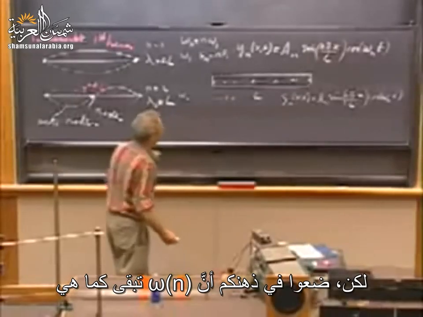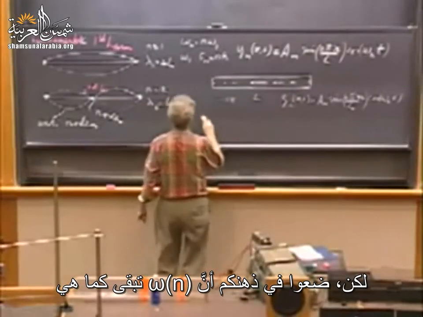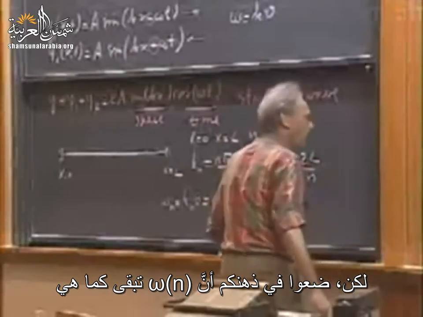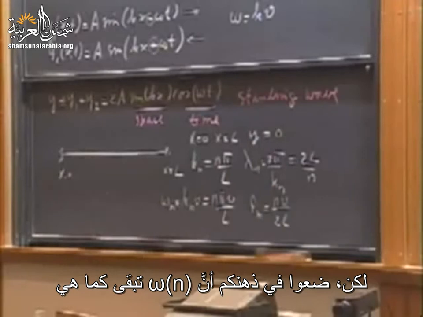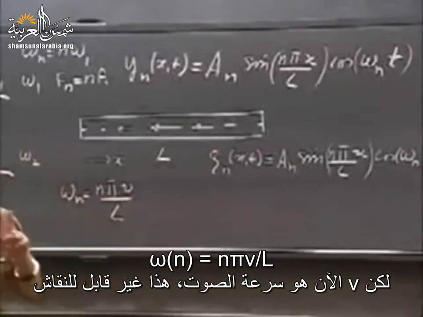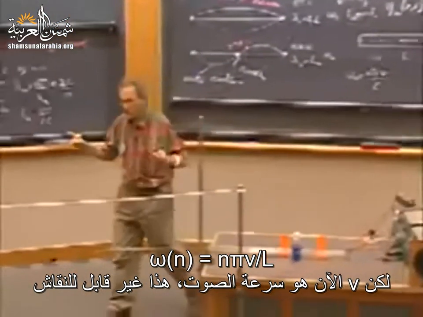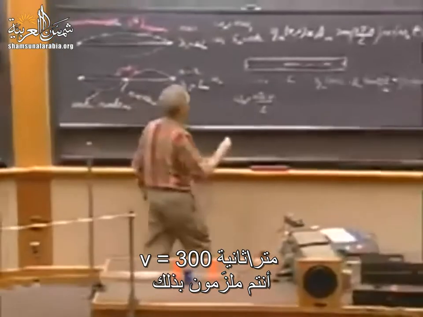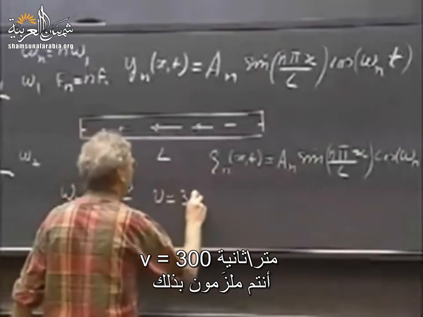However, keep in mind that omega_n, which is this value, n pi v over L, is no different. That is again n pi v over L. But v is now the speed of sound. It's non-negotiable. v is 300 meters per second, and you're stuck with that.